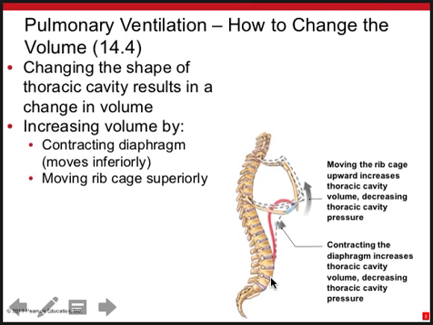The result now is that the pressure inside the thoracic cavity will drop, creating a negative pressure or a vacuum, and because the lungs will cling to the sides of the pleural cavity, that vacuum will be translated to the inside of the lungs, and air will go from the outside world into the lungs, and that's inhalation.